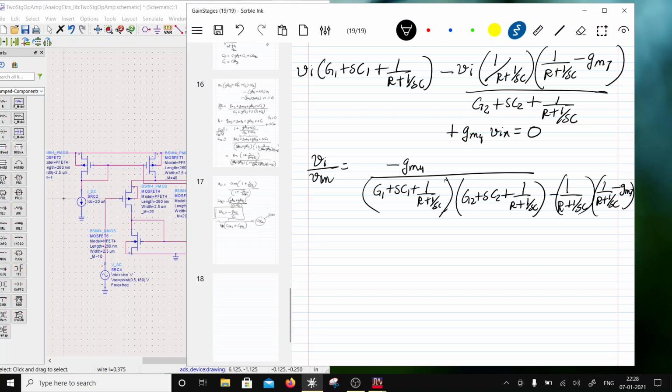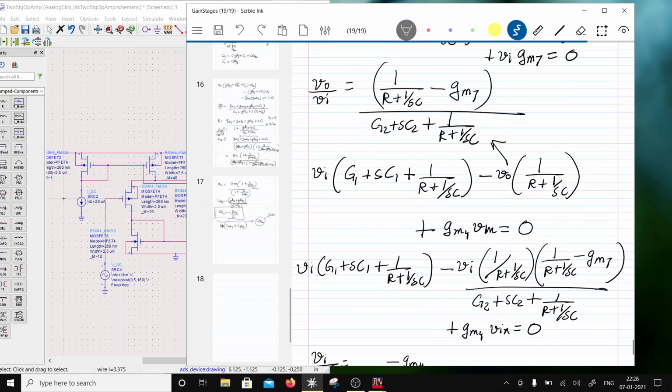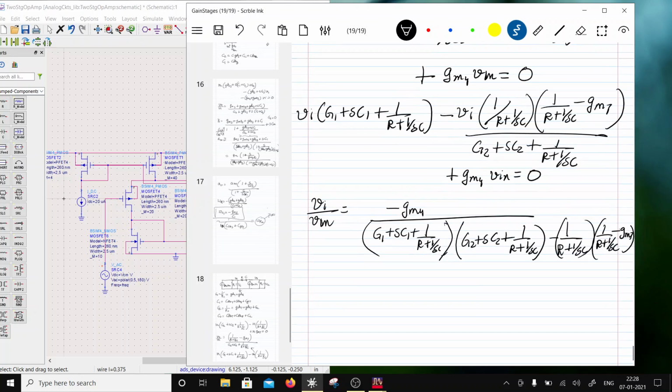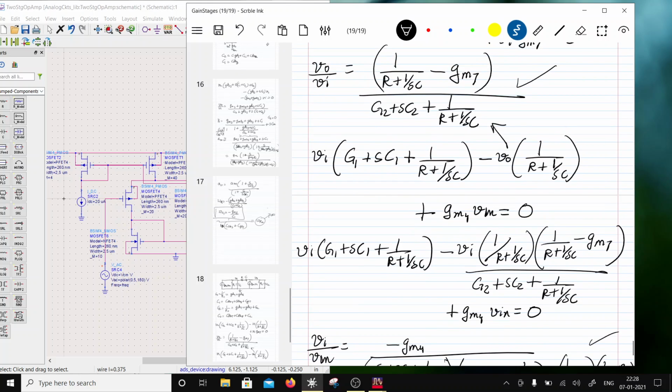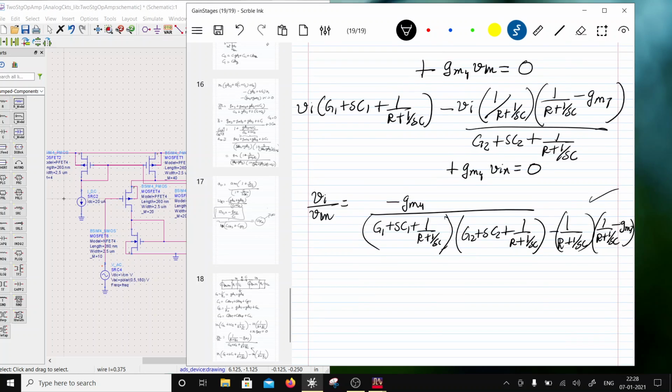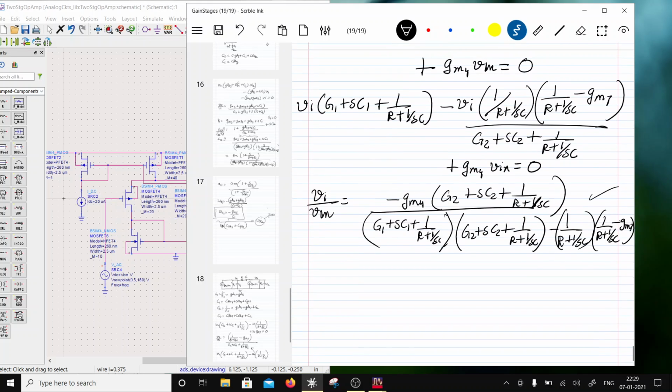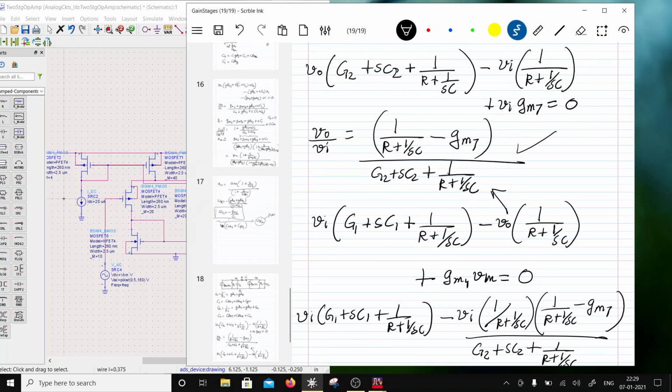Now VO by VI is this term, and I multiply this term with this term, correct? Another thing which has happened is there will be another thing which will come to the numerator, SC2 plus 1 over R plus 1 over SC. Now this is the thing which has to be multiplied with this.